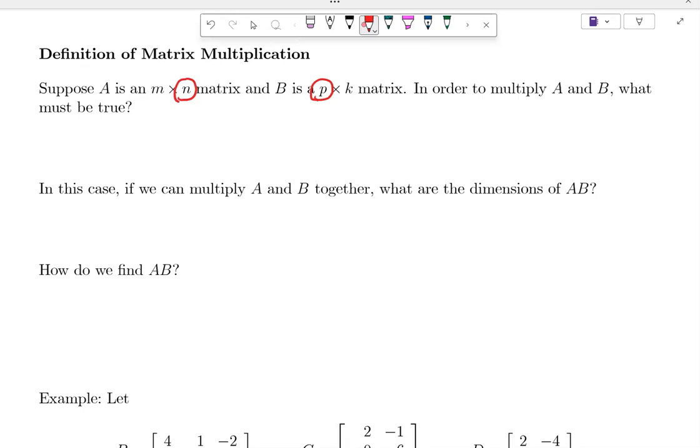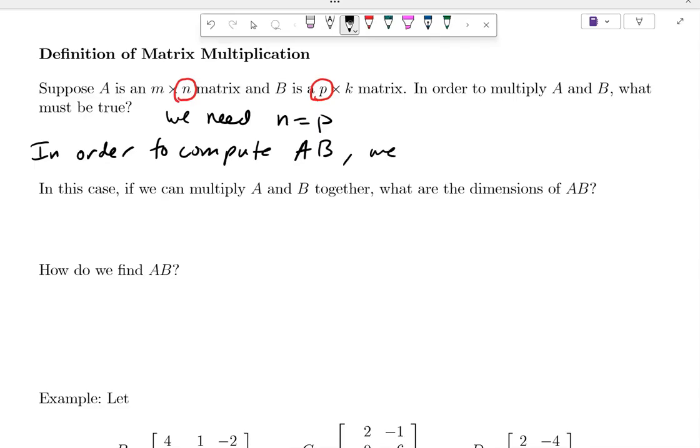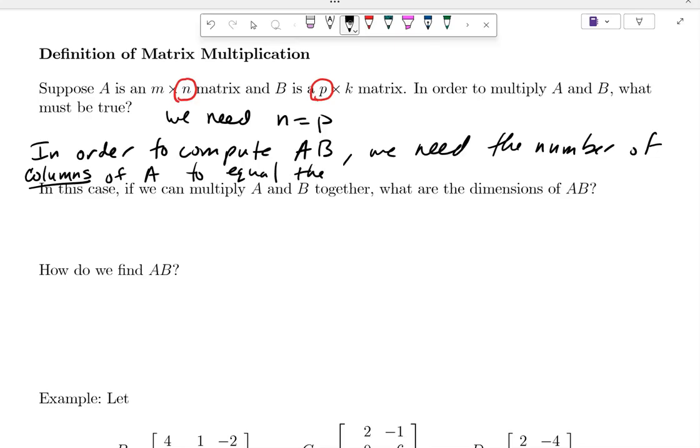If I want to multiply A times B, that N number, the number of columns in A, has to be the same as that P. So we need N to equal P. To write it in words: in order to compute A times B, we need the number of columns of A to equal the number of rows of B.